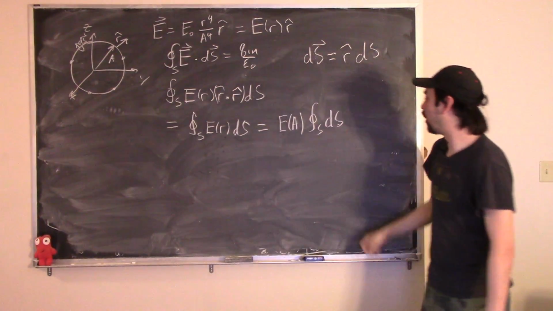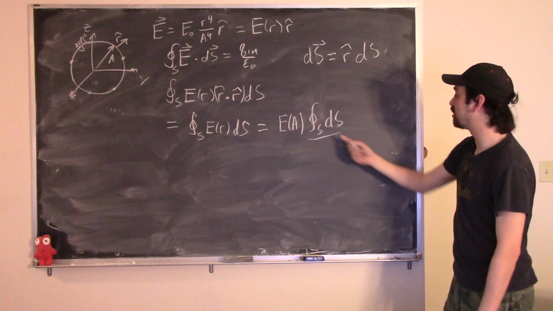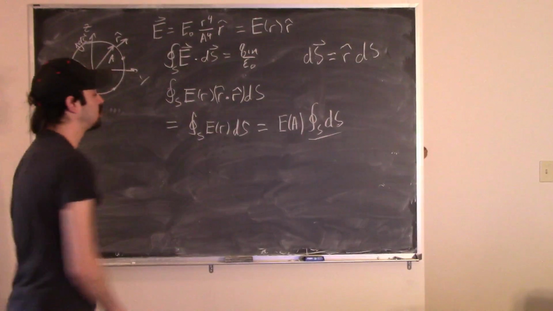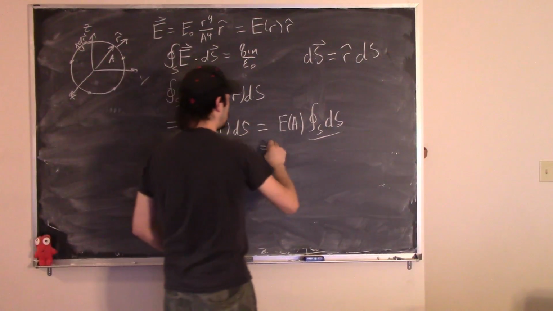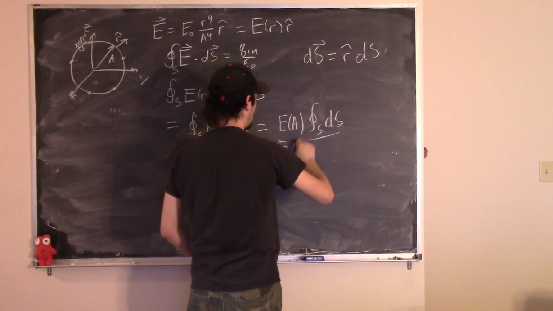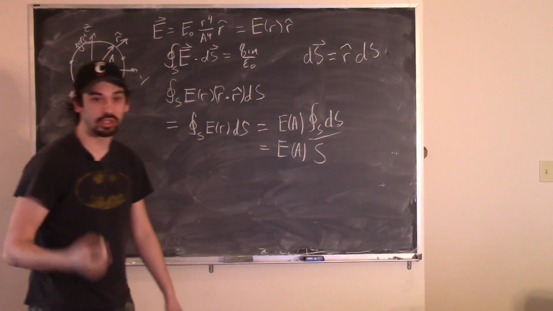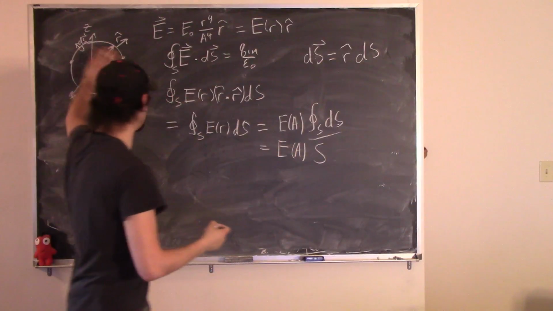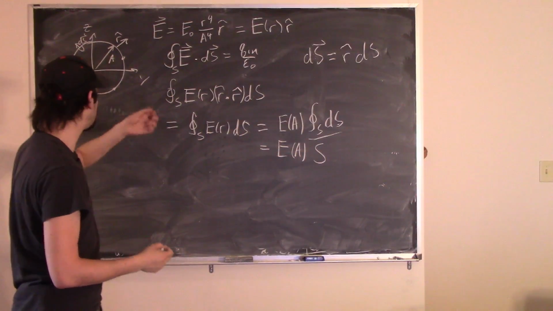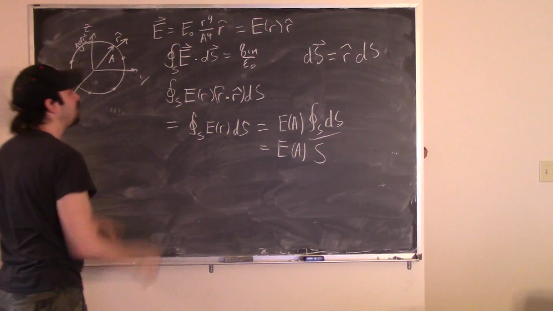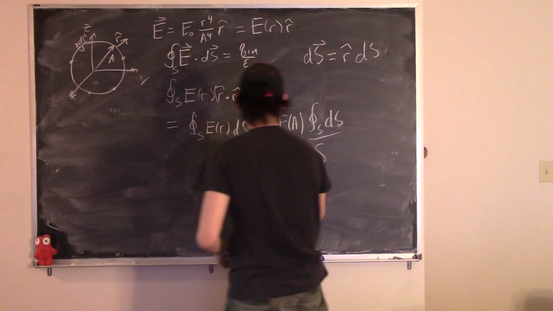Now this is also a big deal, because now I don't have any argument for my integral, and so this is just going to be E evaluated at A times S, just the surface area of this sphere. We know the surface area of a sphere is 4 pi r squared, and this has some radius of a. So now let's go ahead and plug everything in here.